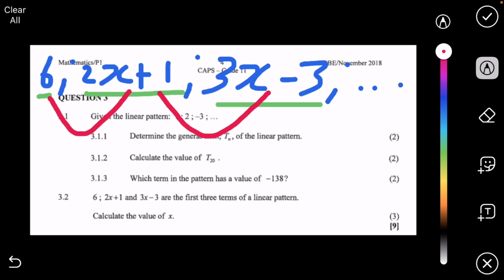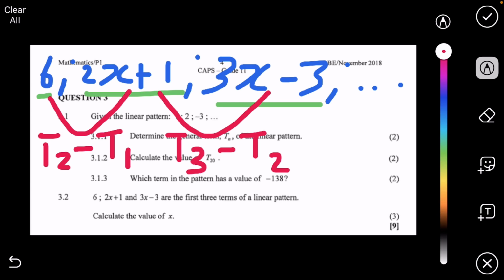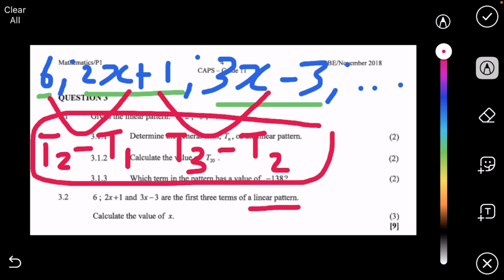So ladies and gentlemen, term number 2 minus term number 1 should be equals to term number 3 minus term number 2. Why? It's because these are the characteristics of a linear pattern. We know the first difference is the same, or otherwise it's equal. So what does it mean?